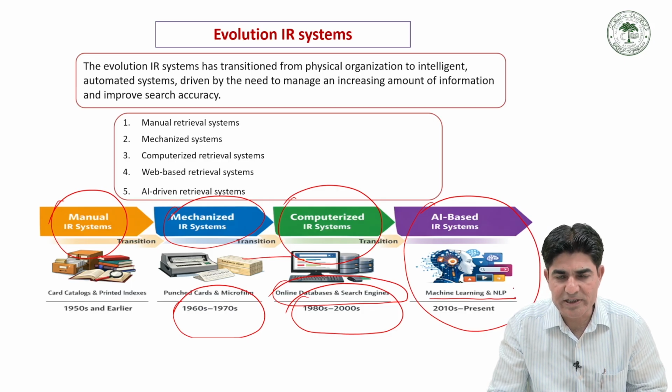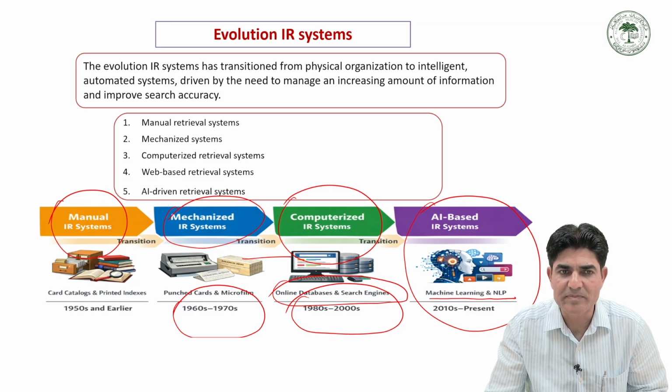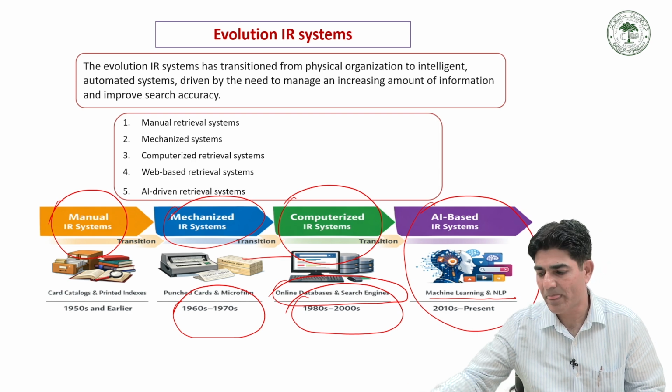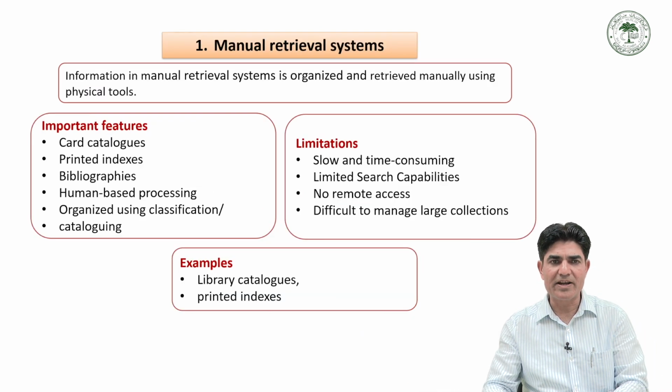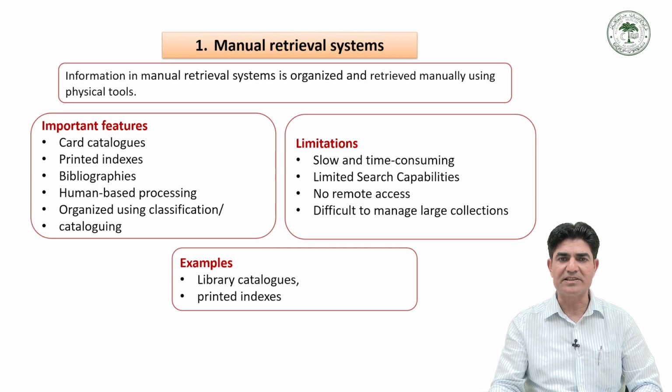So we will try to discuss the important features and the limitations of each kind of information retrieval system which has evolved during different time periods. First, the manual retrieval system, where information is organized and retrieved manually using traditional physical tools.